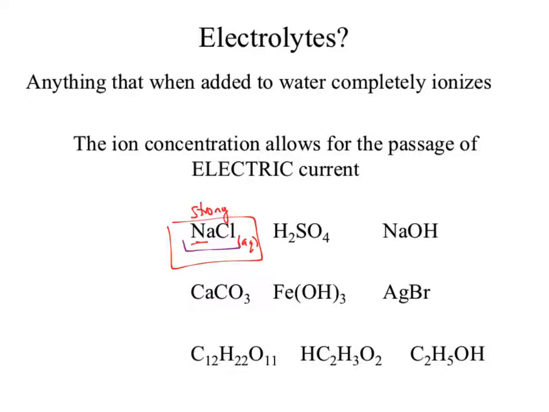What about H2SO4? Well, what is H2SO4? It's an acid. Which acid was it? Strong or weak? It's one of the strong acids that theoretically you would memorize. Because we know it's a strong acid, what does that mean? It completely ionizes when it hits water, which then means it's now a strong electrolyte.